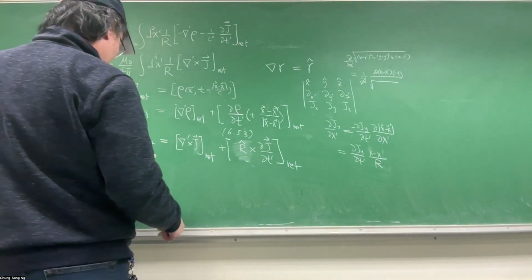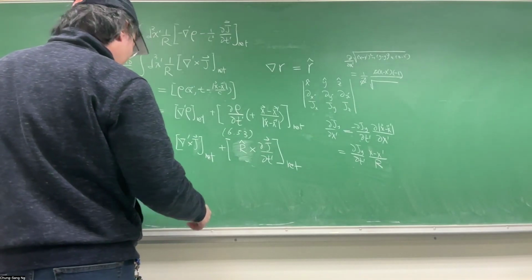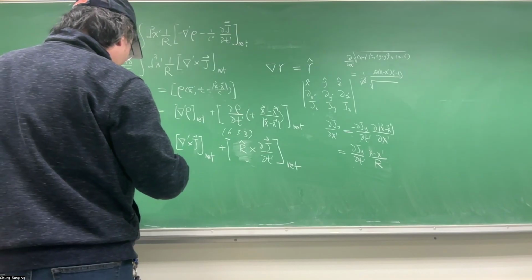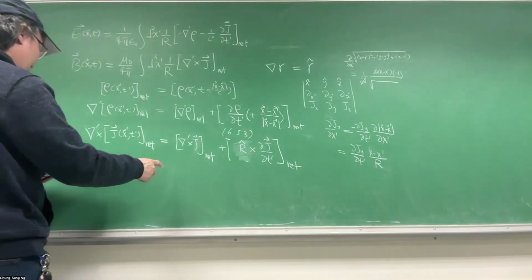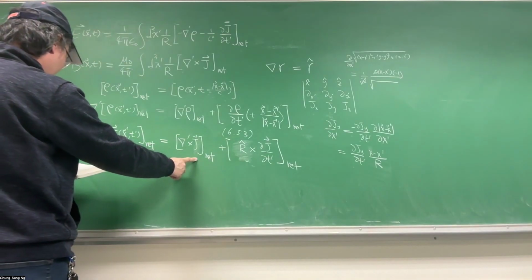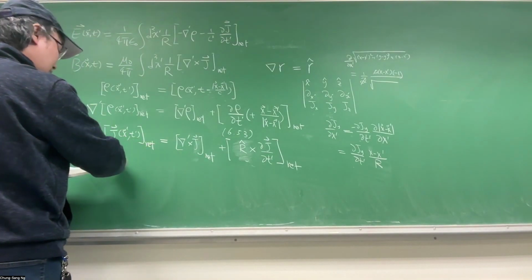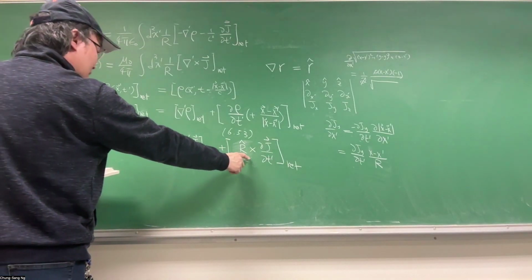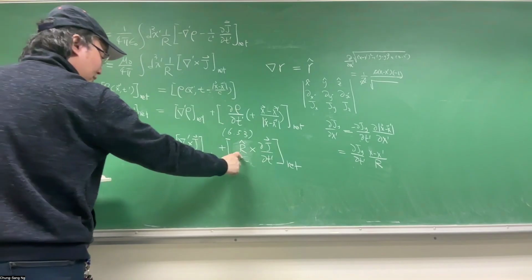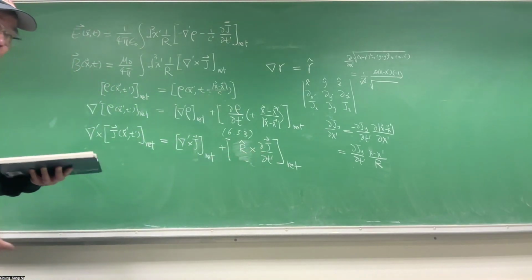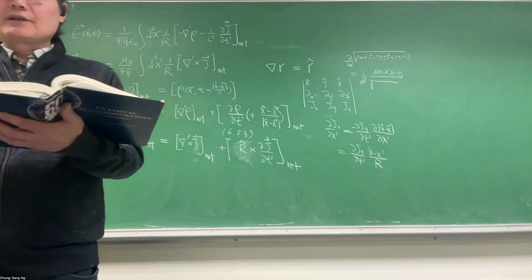So again, you can get Jackson 6.54 by putting it the other direction. Jackson has this on the left hand side. This one equals this one, minus this term. But Jackson has the order reversed. When you put it to the other side, instead of a negative sign, you reverse the order of these two. Okay, so it's exactly the same.